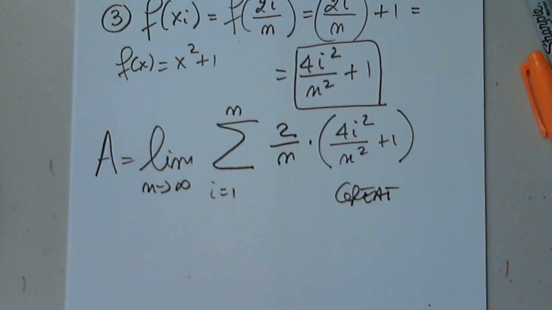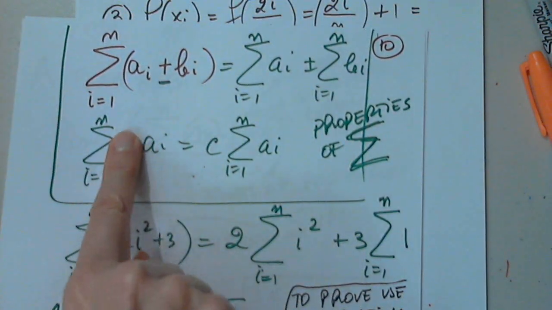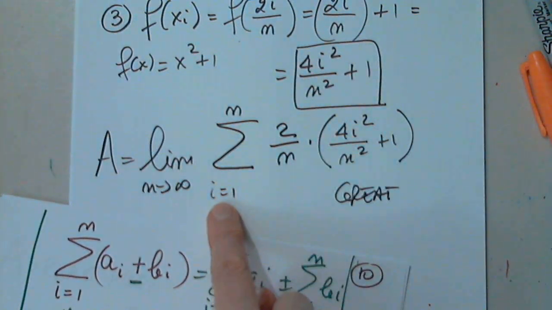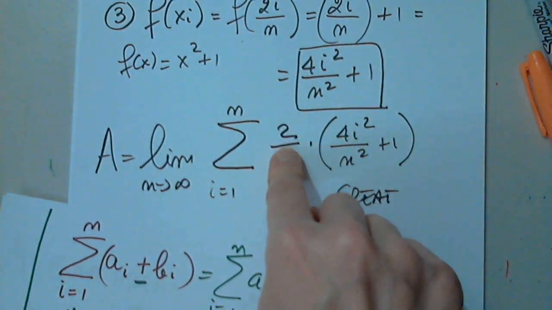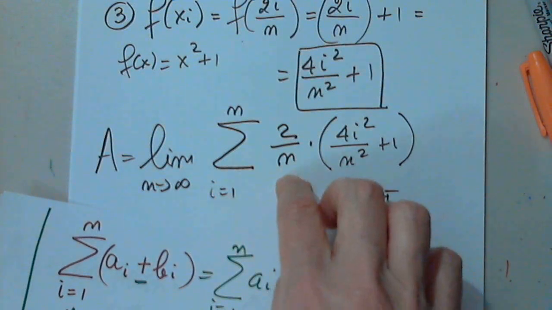So at this point, I have to dig deep and go back to my properties. A constant will go outside. This is a constant. How do I know it's constant? It doesn't depend on i. This is not constant. It depends on i. But this is a number. It doesn't depend on i. It will always stay the same. We put it in front.